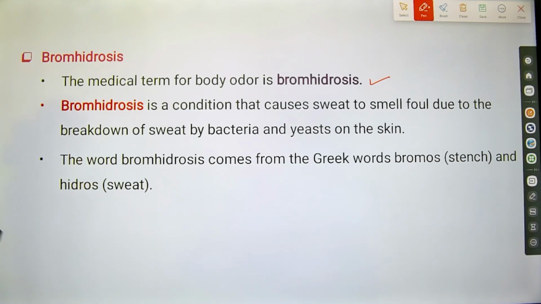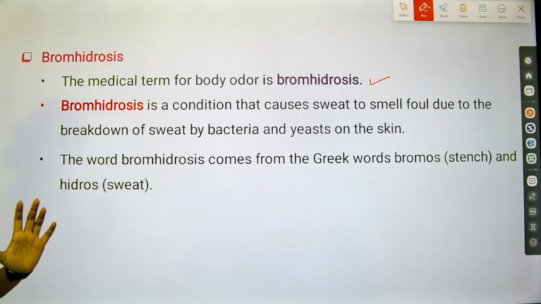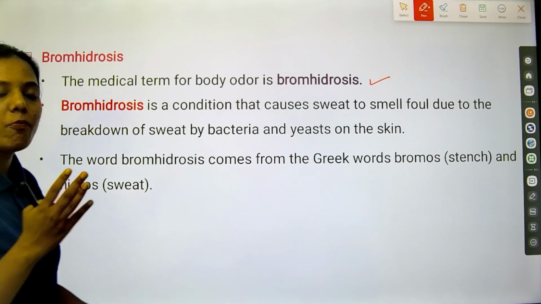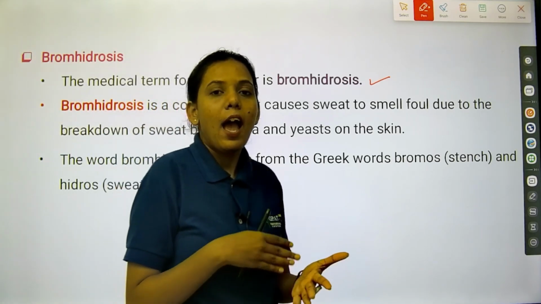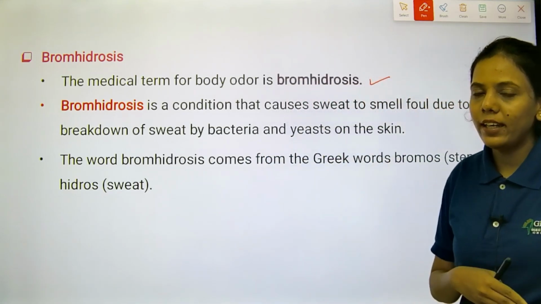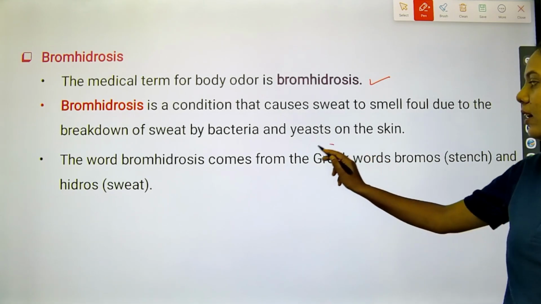The body has the tendency to sweat, but if that gives a certain kind of smell which is foul and not very soothing, that will be because of the breakdown of the sweat by certain kinds of bacteria and yeast, and this condition needs to be treated. So this is a medical condition, we call it bromhidrosis. The word bromhidrosis is derived from the Greek word.